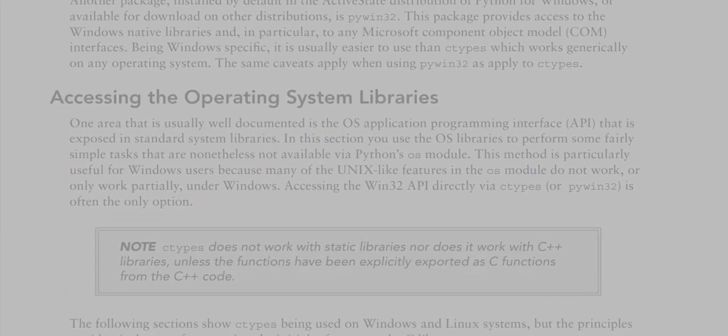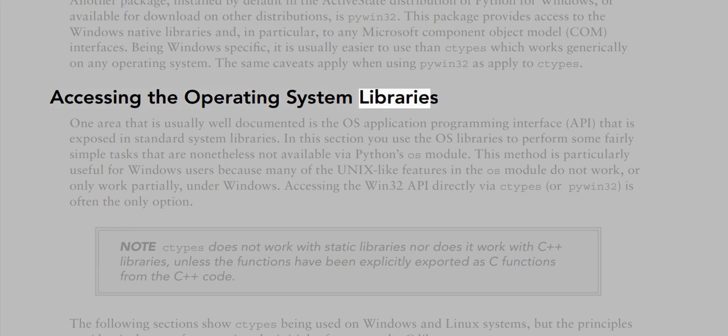Another package, installed by default in the ActiveState distribution of Python for Windows, or available for download on other distributions, is PyWin32. This package provides access to the Windows native libraries and, in particular, to any Microsoft Component Object Model, COM, interfaces. Being Windows specific, it is usually easier to use than ctypes, which works generically on any operating system. The same caveats apply when using PyWin32 as apply to ctypes.